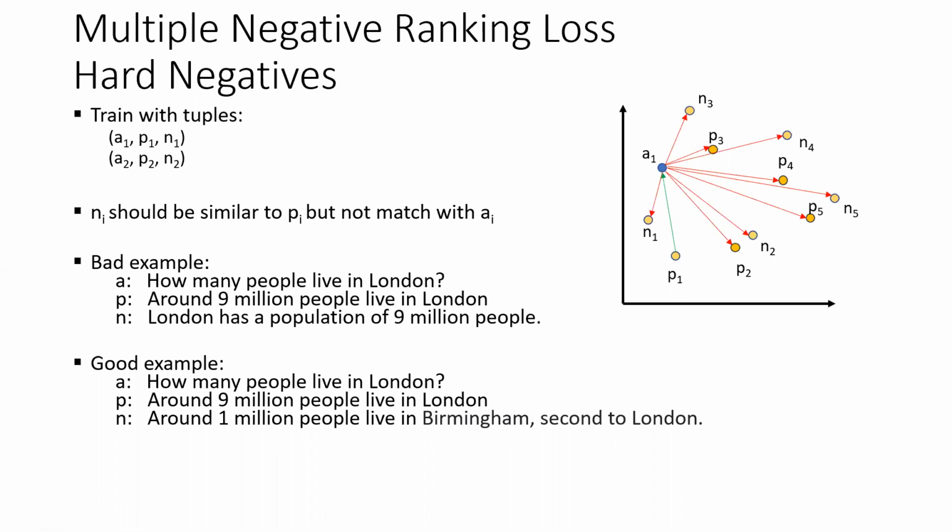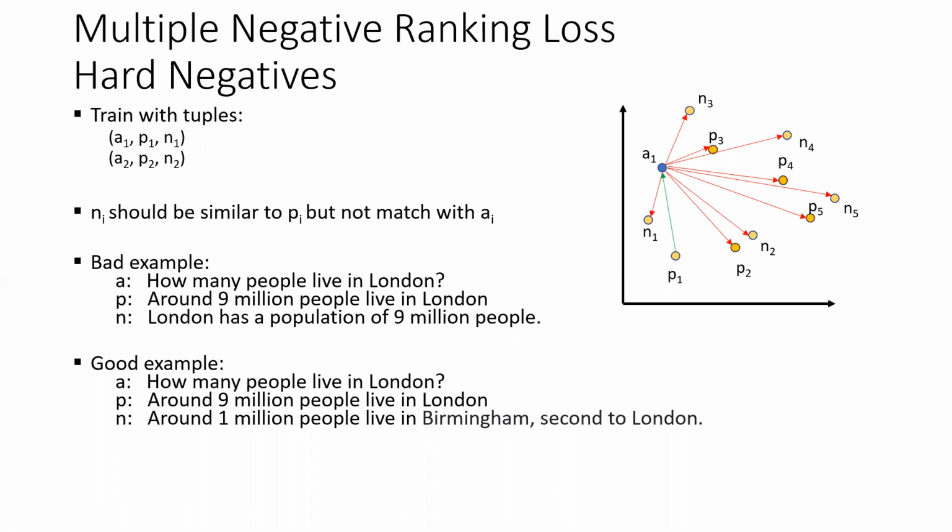This is quite tricky to set up right. For example, a bad example would be: the anchor is the question, how many people live in London? And the positive would be, around 9 million people live in London. And then by some process, you get a negative such as, London has a population of 9 million people.